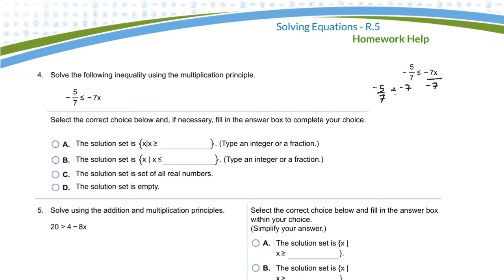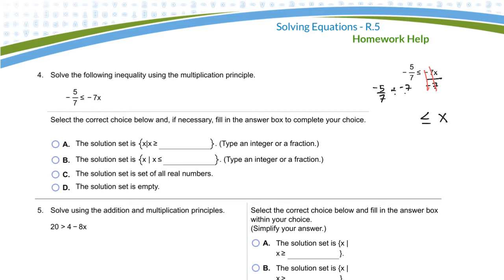I could have put my divide negative 7 down there, but that makes it a complex rational expression, and it might be a little bit tougher to follow through. Let's see what we have then. These cancel, the negatives and the 7s, so I just have my x on the right side, which is good. Leave my inequality like that.